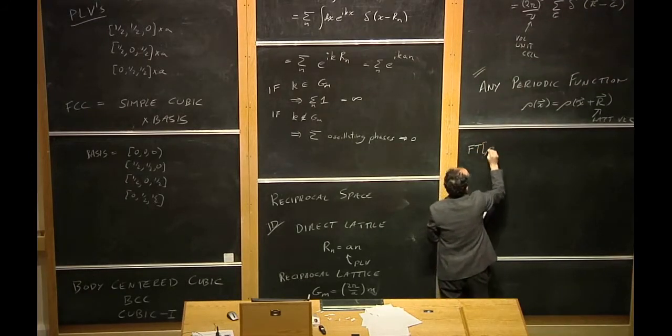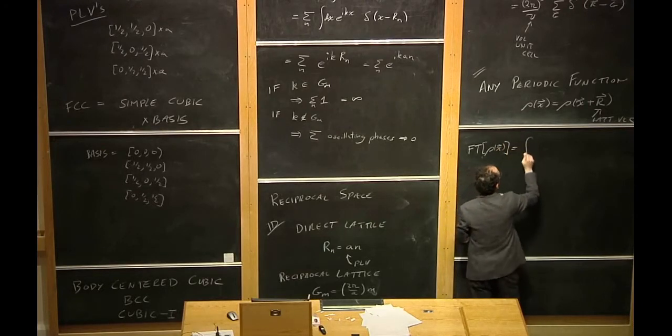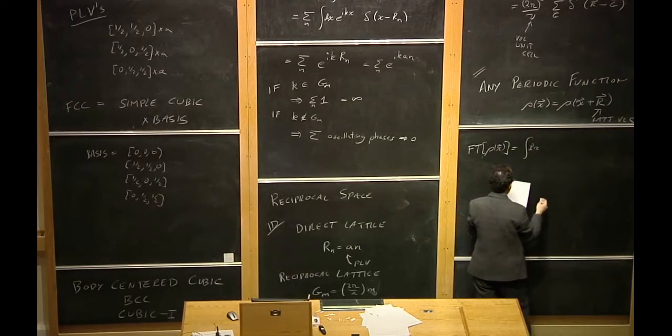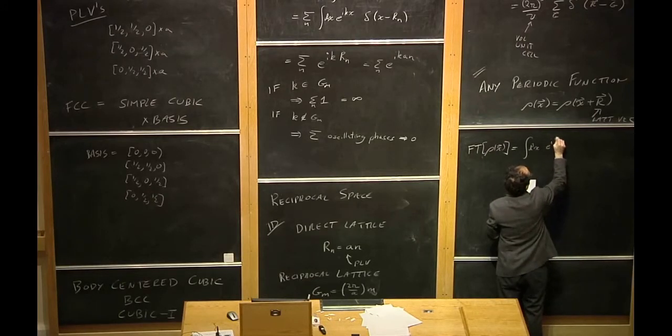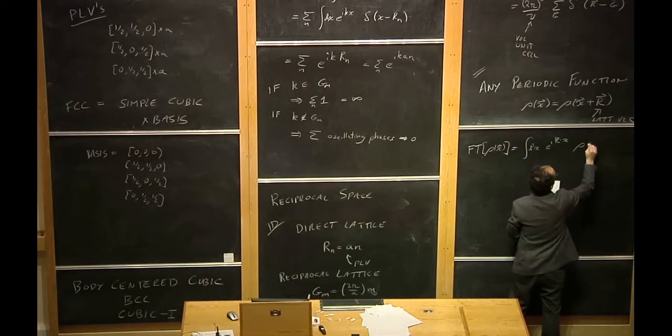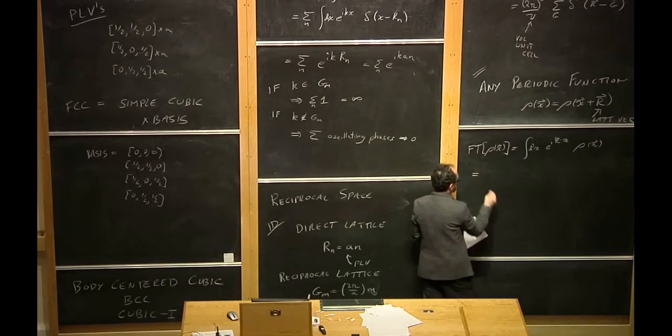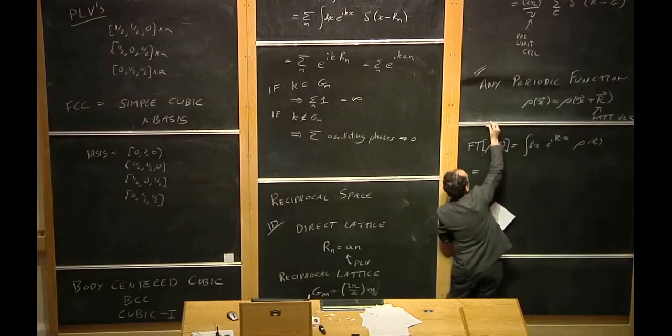So now let's take the Fourier transform of this function. Fourier transform of rho of x equals the integral d3x of e to the i k dot x rho of x, over all space. Now, we're going to do a little bit of a trick. This is a useful trick that will probably come back to haunt you at some point.